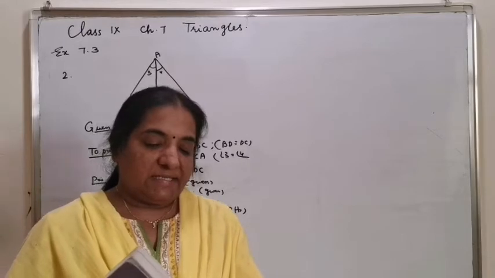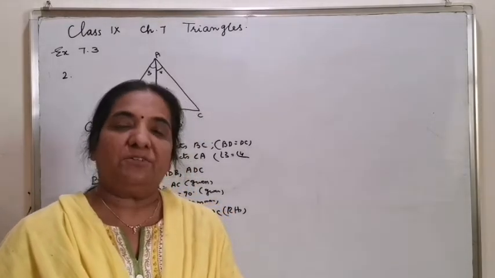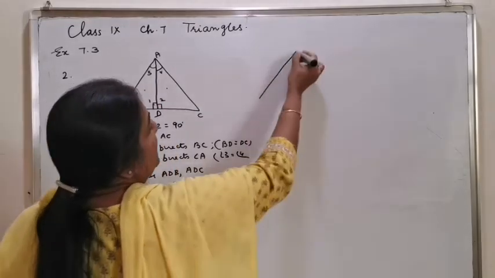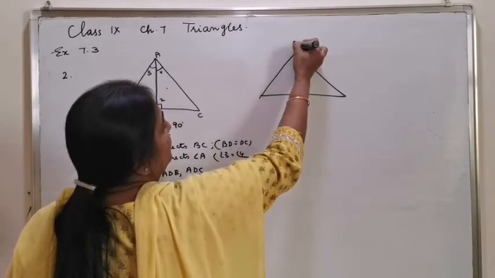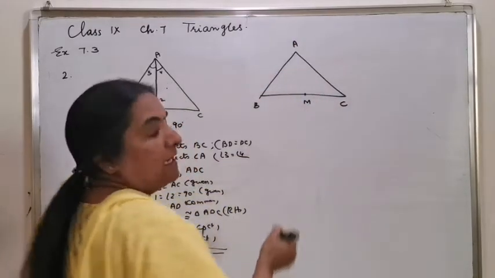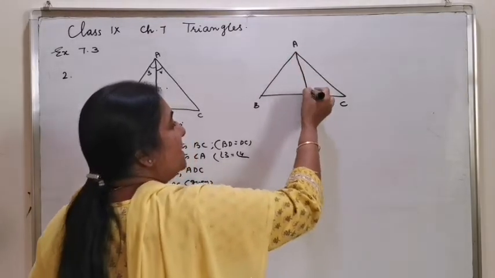Two sides AB and BC and median AM of one triangle ABC. Two sides AB, AC and median AM. AB, AC, and median means a line to the midpoint of BC. That's the meaning of median.